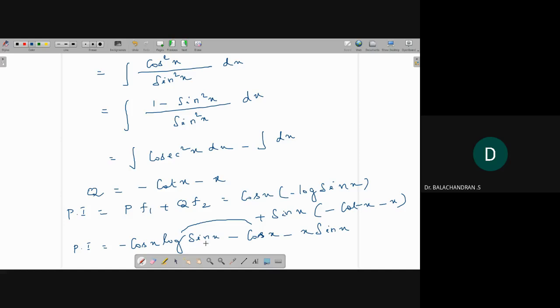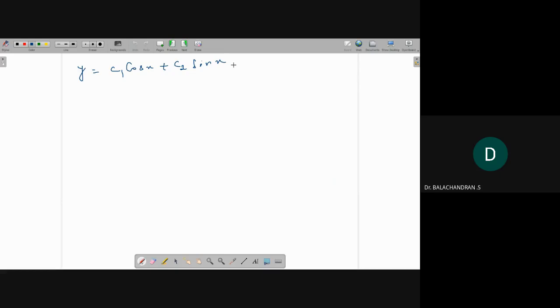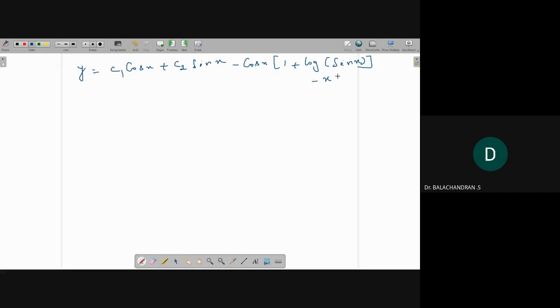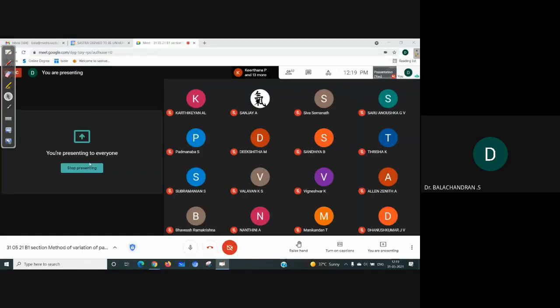I'll take minus cos x commonly: minus cos x into 1 plus log of sin x, and then minus x sin x. So this is the solution for the first column. If you have any doubts in the first column, you can ask me.